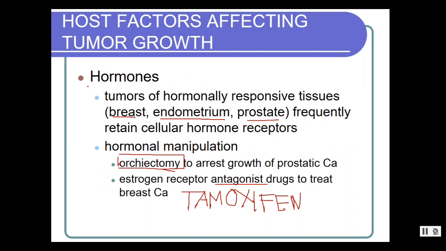Now, another thing, as I said a while ago, hormones affect the growth of tumors, particularly the breast, and the endometrium, or the lining of the uterus, which is affected by estrogen. The prostate is affected by your testosterone. Now, to manage these tumors, you can do the following hormonal manipulation. Number one is orchiectomy.